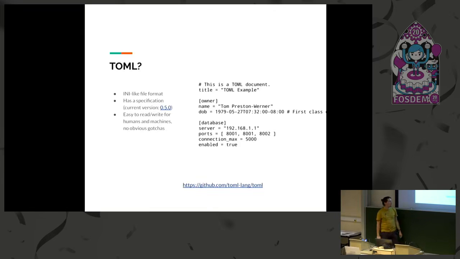Other mappings, arrays, and numbers, and so on. You have booleans. Anyway, the format has a specification. It's not formal, but it's very precise, and so it's quite easy to read the spec and to actually know how to parse and write documents.